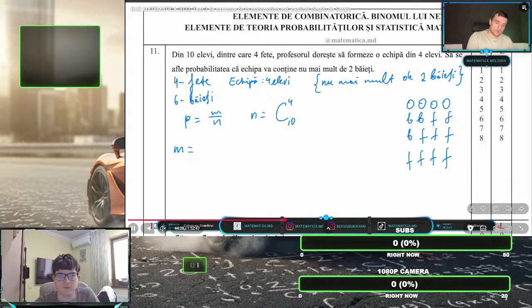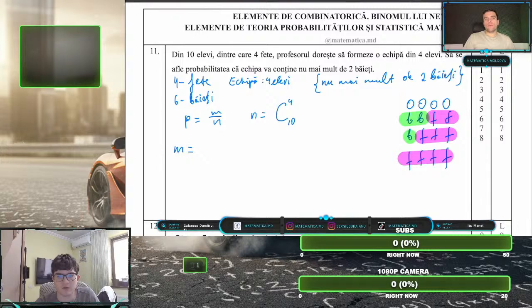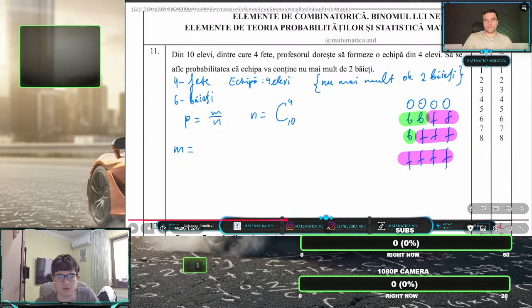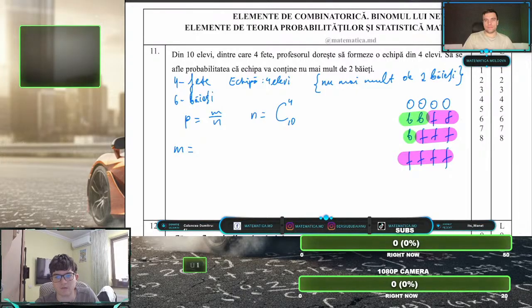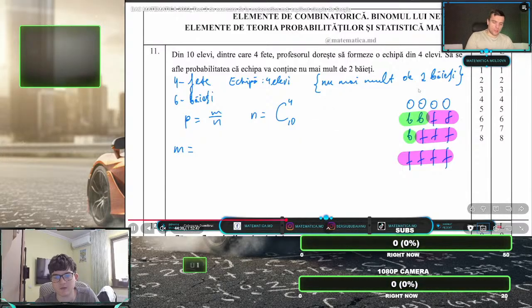And m specifically, we have 3 boys in total here, and how many girls? 4, 5, 10. So it should be like C, and there are 6 boys in total, so 6 below and 3 on top, because we take 3, and then girls, there are 4, and then 10 above, because we take 10. Doesn't really make any sense.